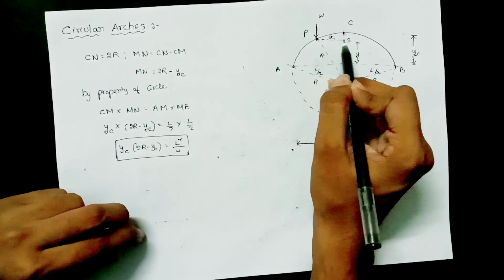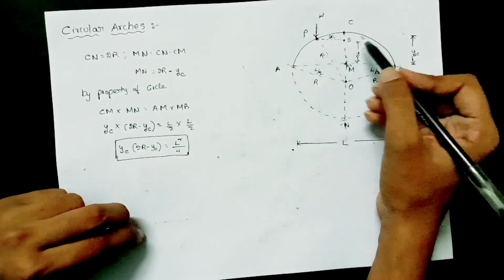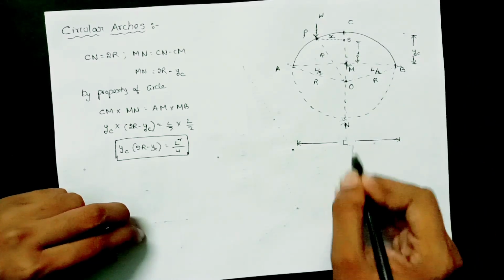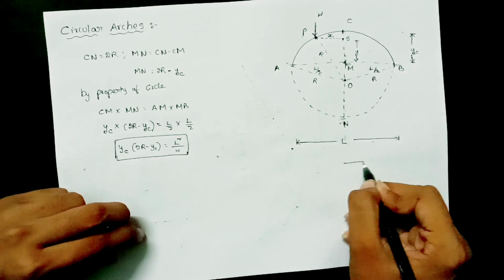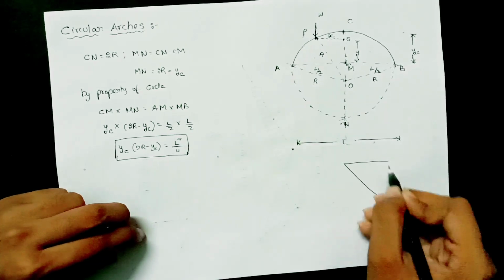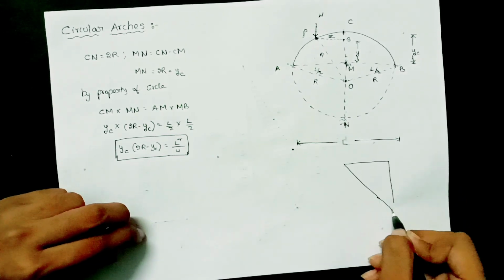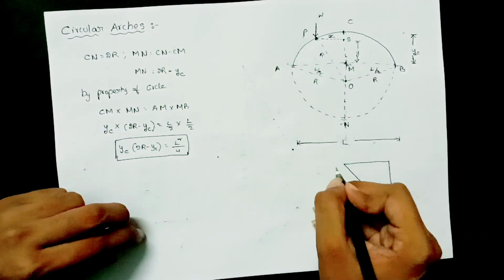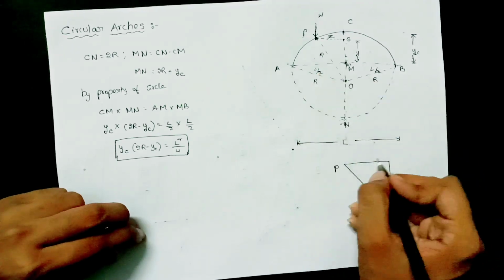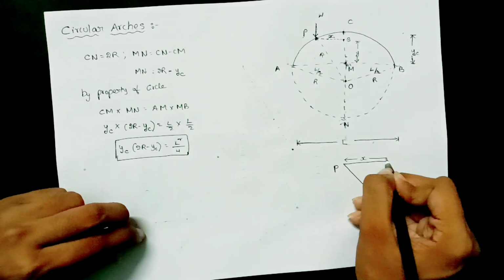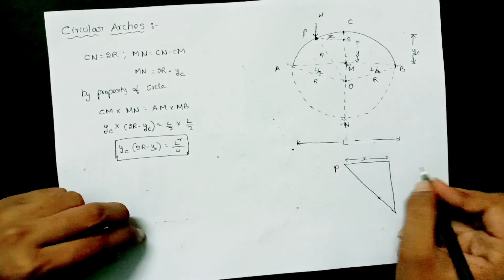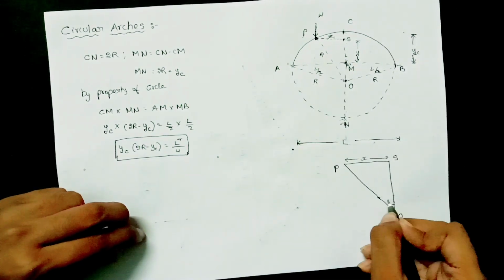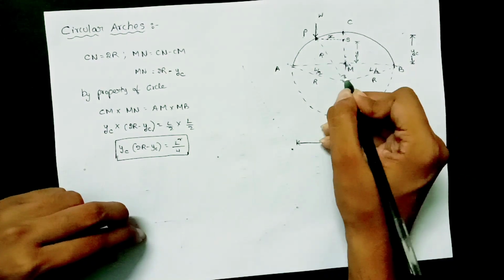The distance from P to S is X and the distance from S to M is Y. Now I am drawing this right angle triangle separately here, just to understand. This is P, this distance is X, the horizontal distance, and this is S, and this is O, and let the angle here be theta.